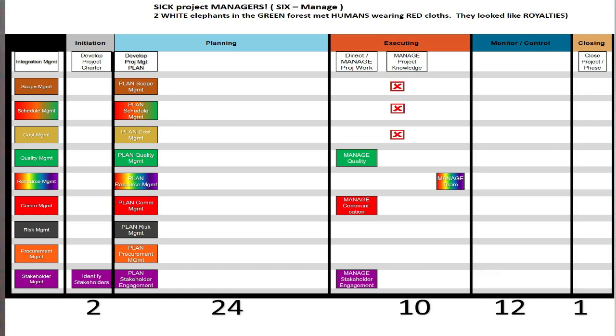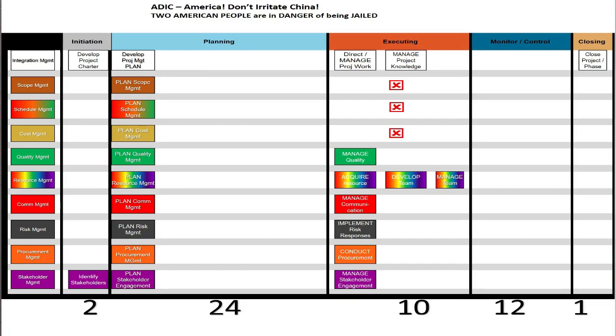And the last one, it says they look like royalties. Remember, royalty, the color is purple. And here there is a process area called manage stakeholder engagement. Alright, so just use this rhyming phrase to easily recall and remember these process areas. The next thing that you got to remember is this rhyming phrase.